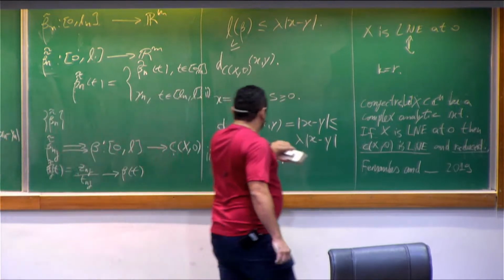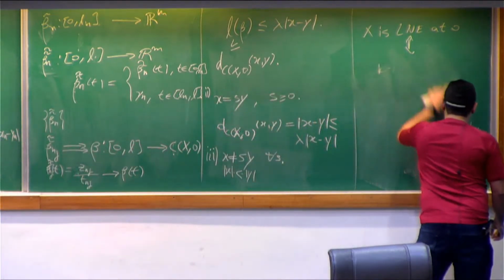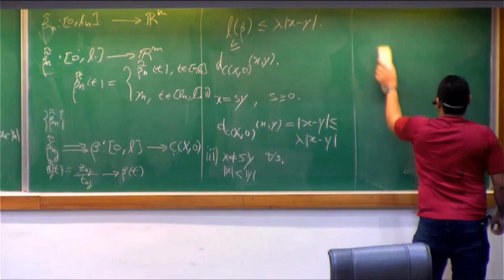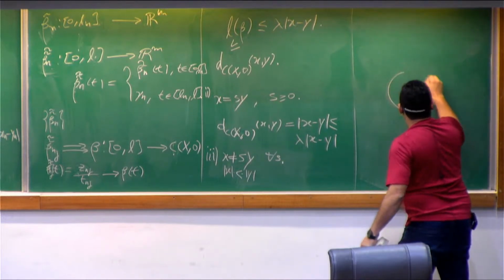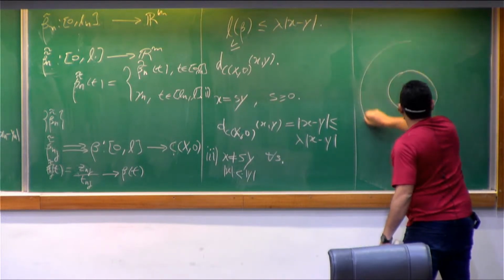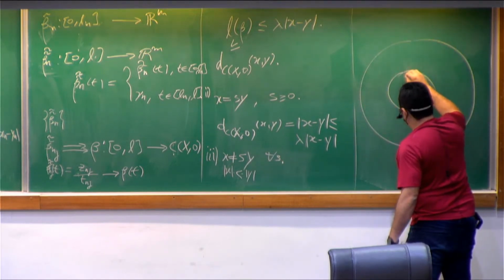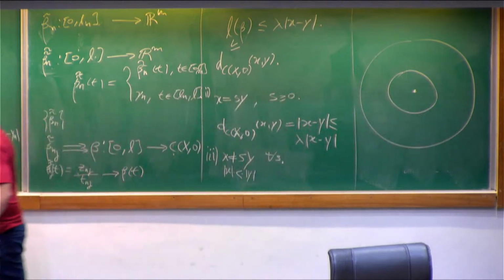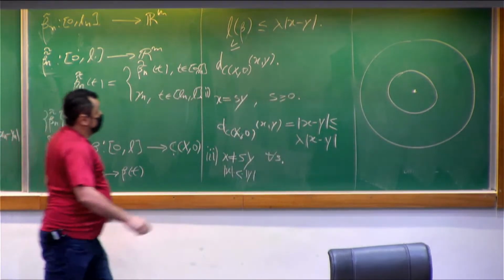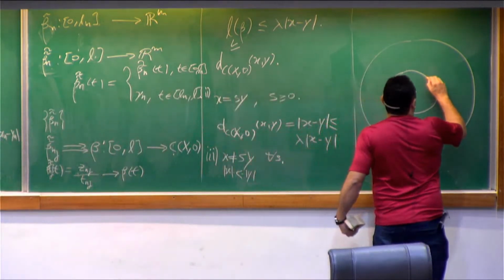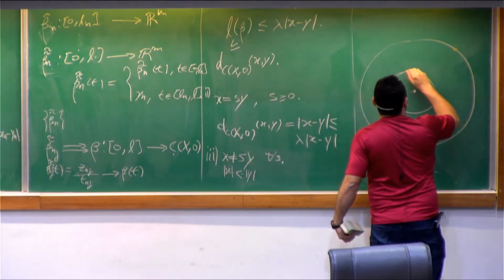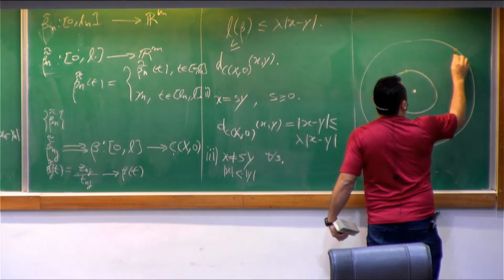In this case, the picture is something like that. Just to finish. So you have the origin here. So we have y here, we have x here, for example.